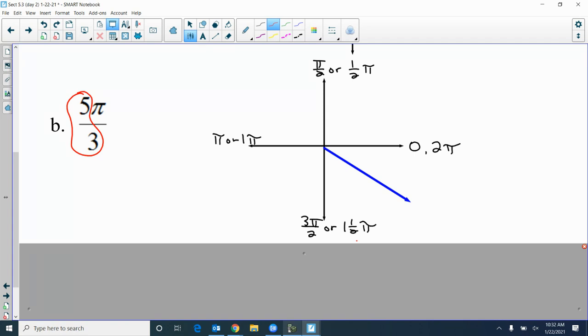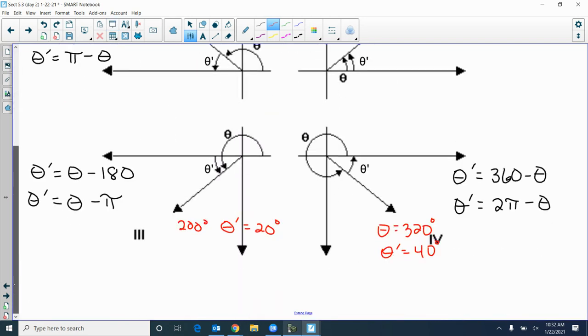Well, what's 5/3? Not that you're ever going to write it that way, but you can just mentally think about it as 1 2/3, which is bigger than 1.5. So it's in which quadrant? 4. How do I find the reference angle? For quadrant 4, you take 2 pi minus the angle.